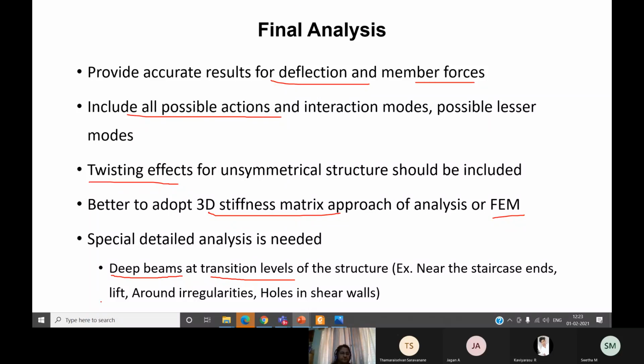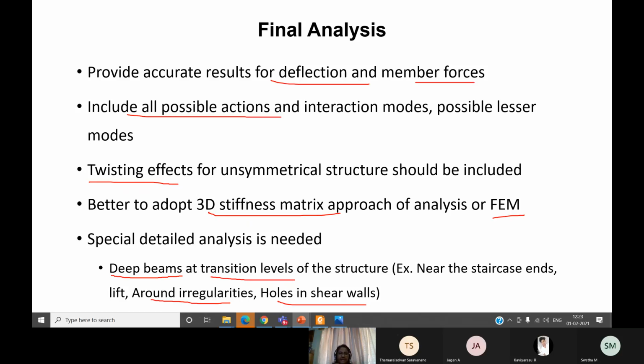Then around the irregularities, if there are any holes or openings in the shear wall, those particular areas require detailed analysis because the reinforcement has to be properly provided there. So when you go for a final or accurate analysis, each and every minute aspect of the structure has to be taken into consideration.